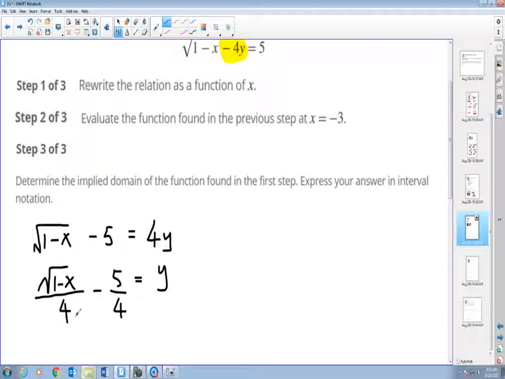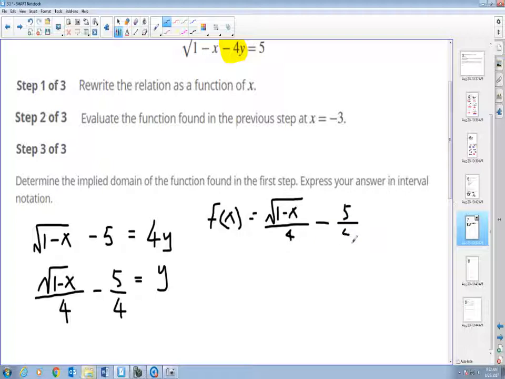Alright, so this is still a square root function. So my answer for the first step, my function of x, will be square root of 1 minus x over 4 minus 5 over 4.